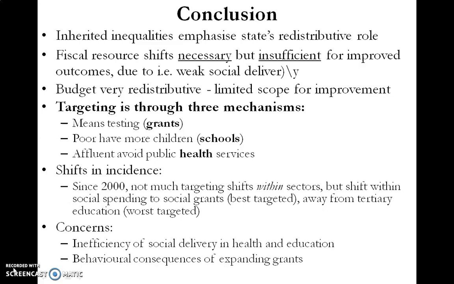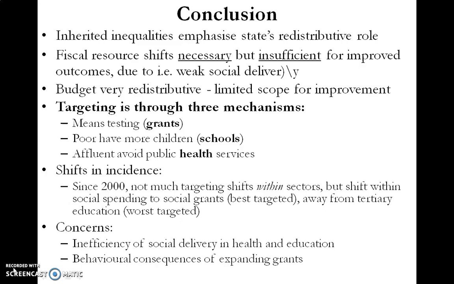Since the 2000s, we have seen a shift in incidence, but there's not much targeting shifts within sectors, but rather shifts within social spending to social grants, which are the best targeted, away from tertiary education, which is the worst targeted.